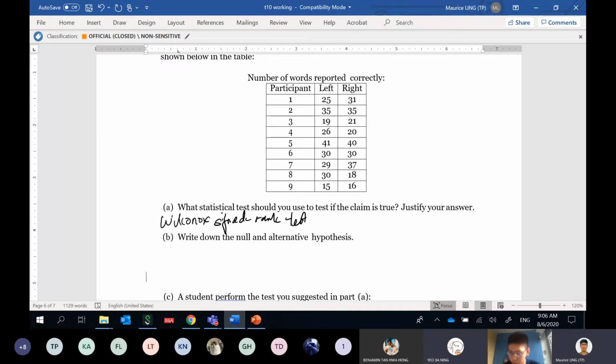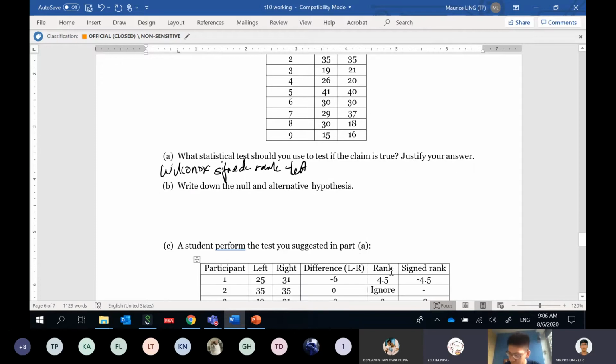So what is the null and alternate hypothesis? The null is that the number of words reported correctly on both the left and right ear are the same. Okay, so it's the same number of words from both ears. And the alternate is that the words reported correctly on the right ear are more than the left ear.